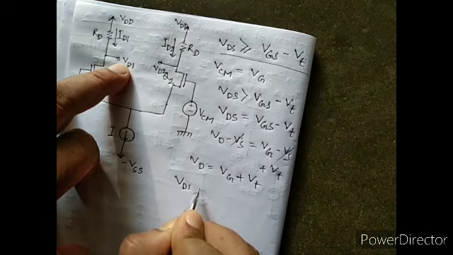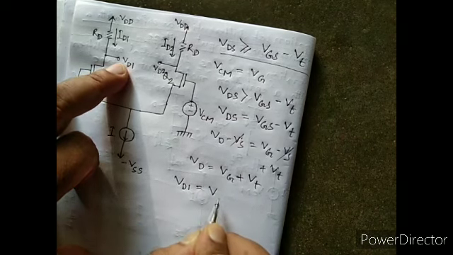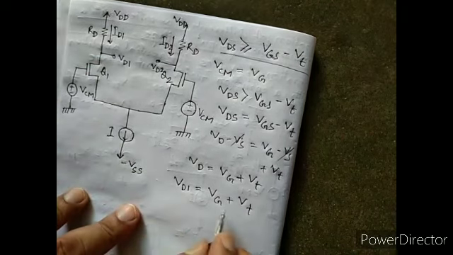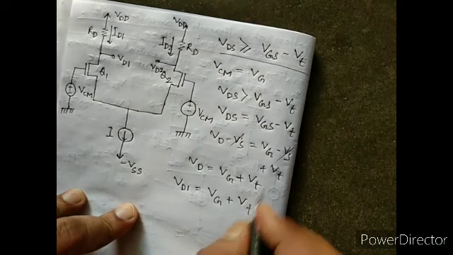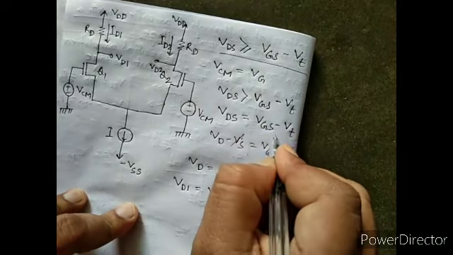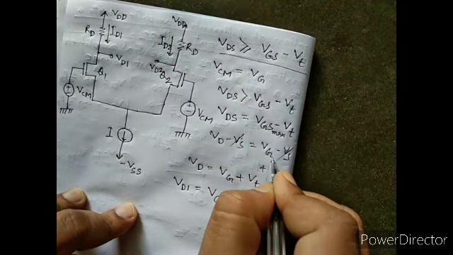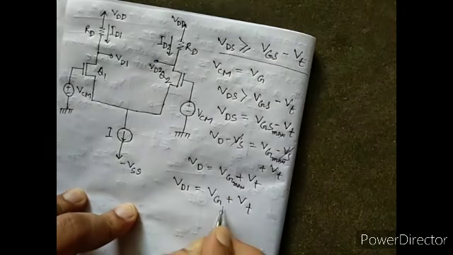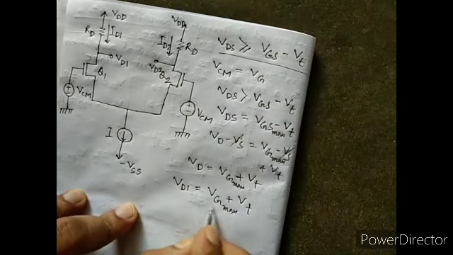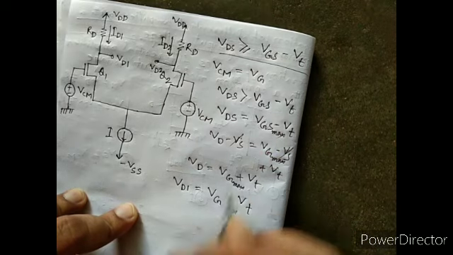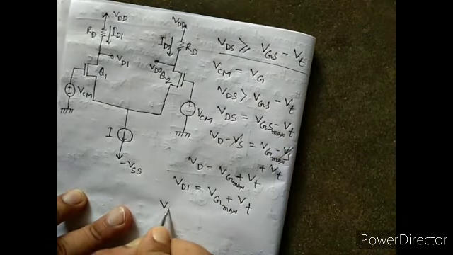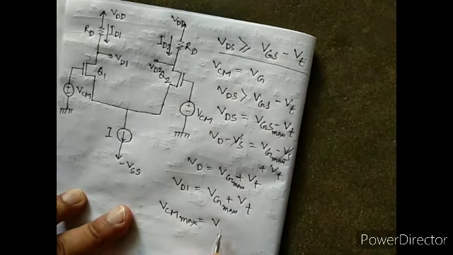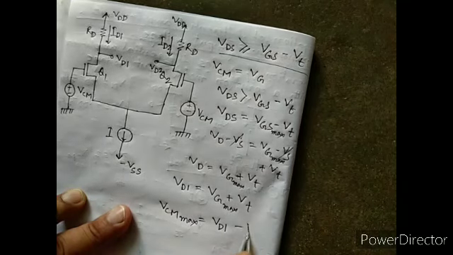So VD1 equals VG plus VT. So that's the maximum voltage. So VG is max, and this max is nothing but VCM. So you can write VCM max equals VD1 minus VT.